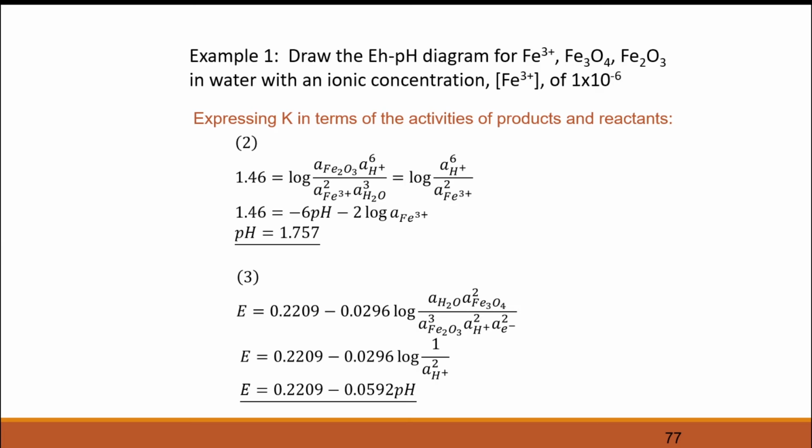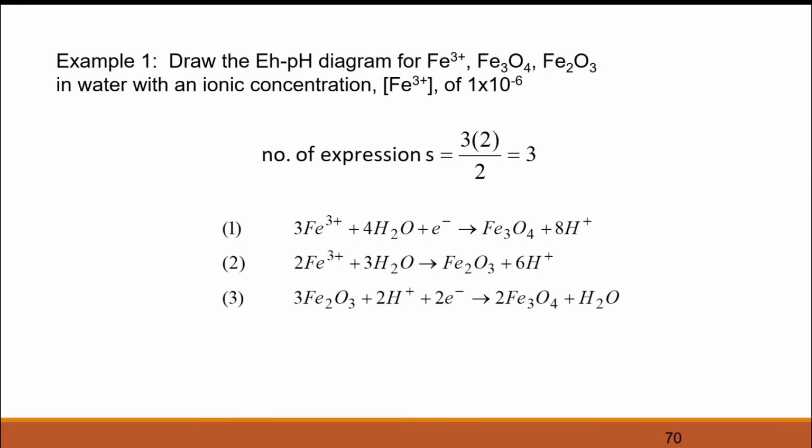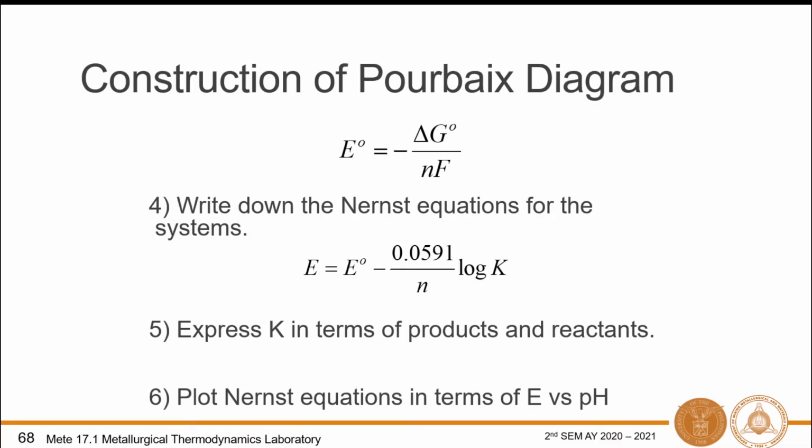Okay. So, if it's not 298, that's possible, no? You can have Pourbaix diagrams that are not at 298. But, if it's not 298, we can't directly use this 0.0591. Because this is simplified from RT over F, where T is set to 298.